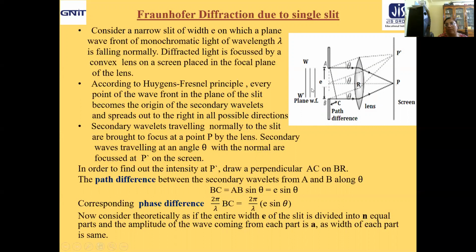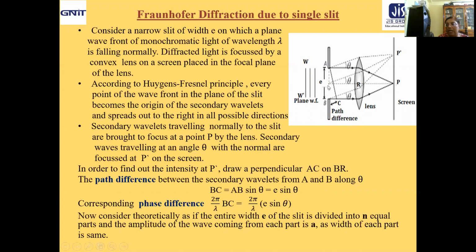So this is the plane wavefront. When it occupies the plane of the slit, according to the Huygens Fresnel principle, every point on this plane of the slit will be considered as a source of secondary spherical wavelets, which are radiated out to the right in all possible directions.